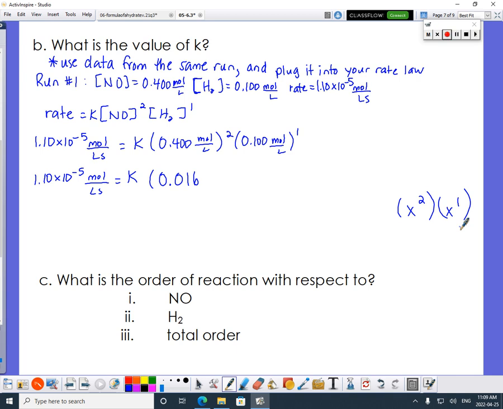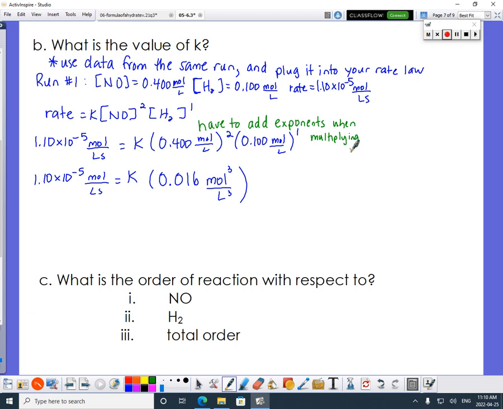You have to add them. So then we're going to divide. When you divide, then you subtract. Okay, so adding and multiplying go together, subtracting and dividing go together.